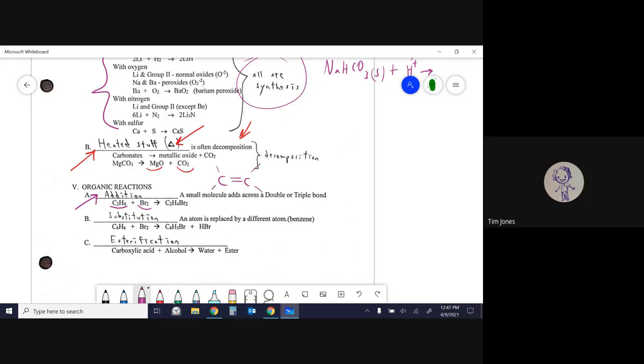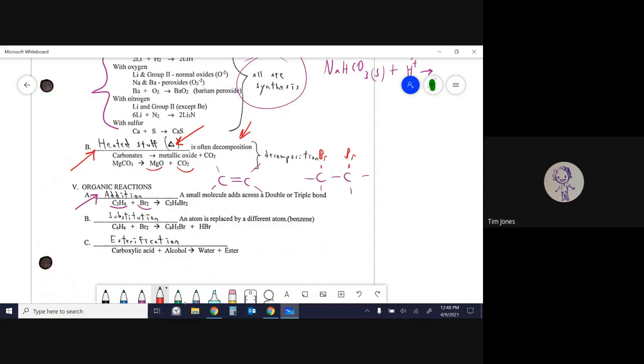I'm not going to bother drawing. And you can think of the double bond as just opening up so that it does this. We still have our 4 hydrogens, but the double bond is now here with like a piece here and a piece here. And that's where the bromines attach. They attach here and here, or something like that. There's more than one possibility in this case, but that's the most likely one.